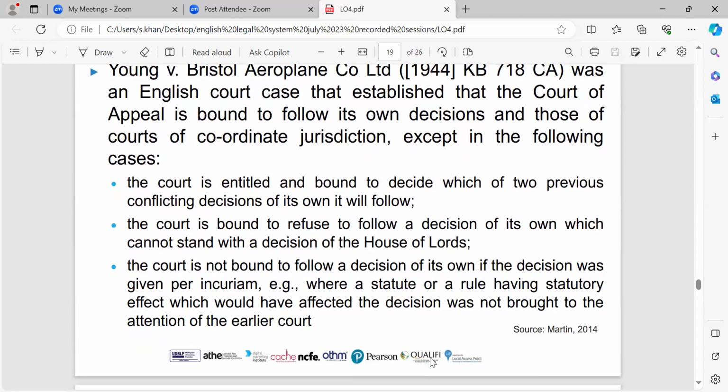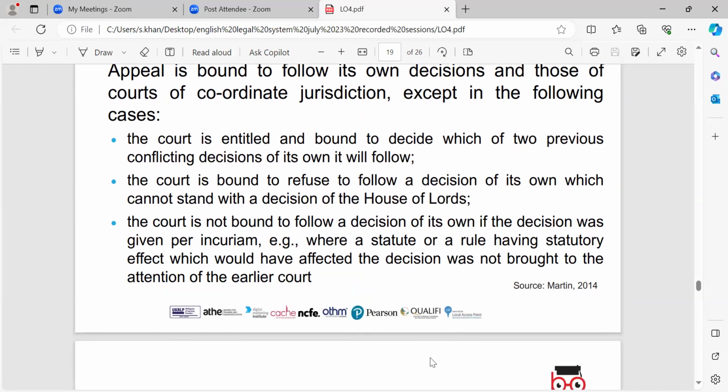The court is entitled and bound to decide which of the two previous conflicting decisions of its own it will follow. The court is bound to refuse to follow a decision of its own which cannot stand with a decision of the House of Lords.